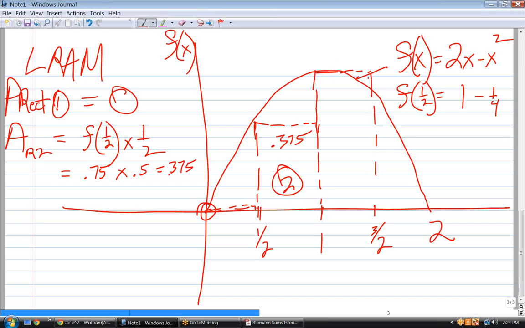Then the next one hits the curve at 1. So the area of rectangle 3: 2 minus 1 is 1, and then 1 times 1/2 is 0.5.